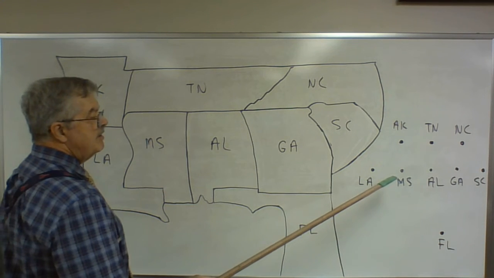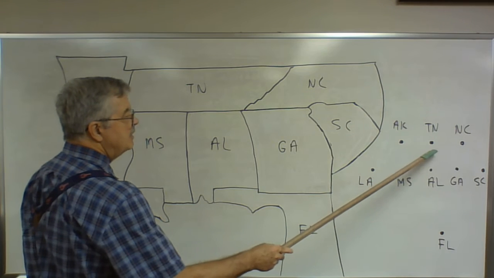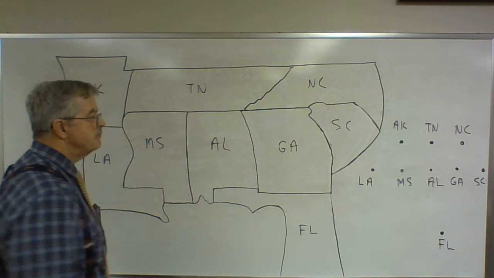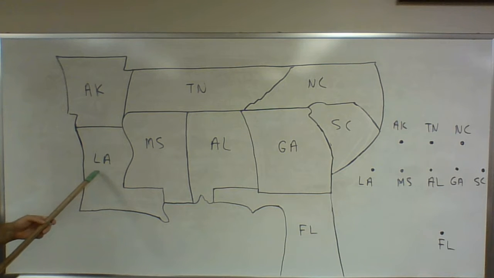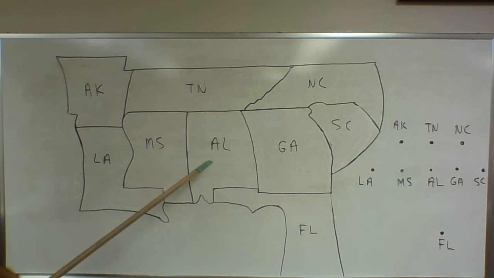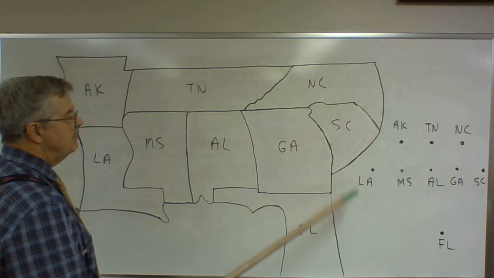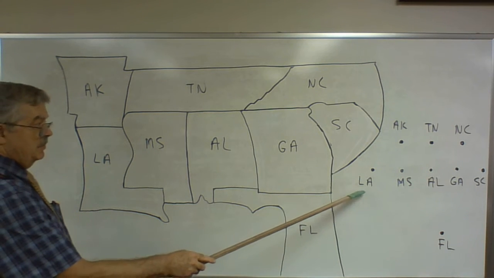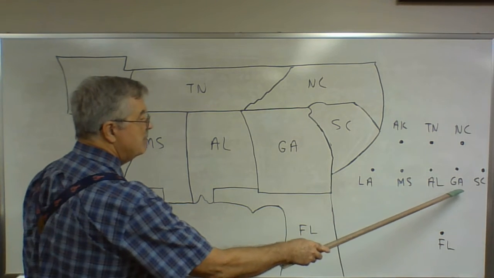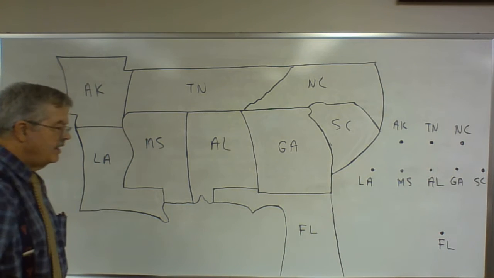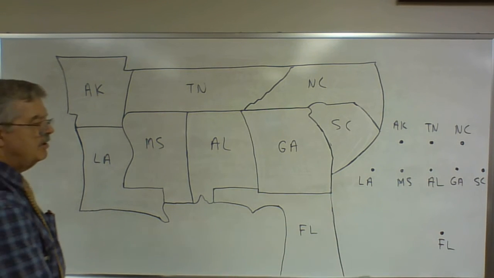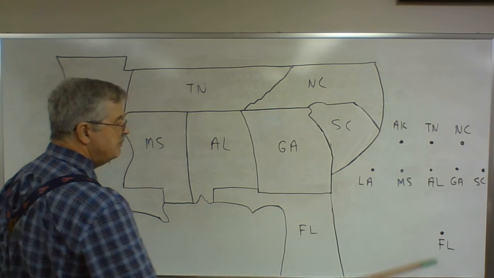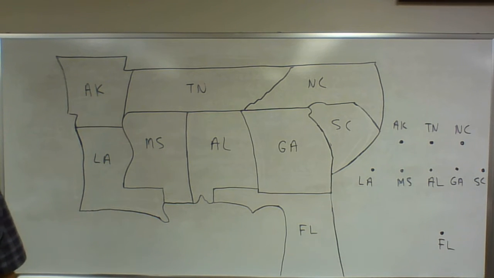We go down a little bit from west to east, and we have Louisiana, Mississippi, Alabama, Georgia, South Carolina. And then way down here, all by its lonesome self, we have Florida.